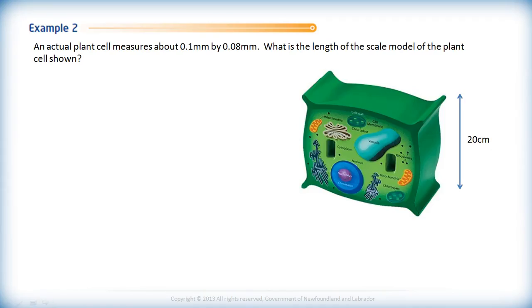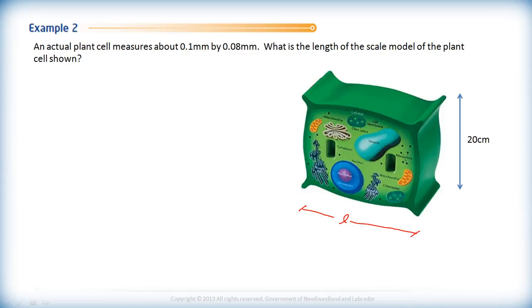Okay. An actual plant cell measures about 0.1 millimeters by 0.08 millimeters. What is the length of the scale model of the plant cell shown? Okay. So what is the length? So I guess we have the width of it, and we want to know what its length is. So basically, we want to figure out this, its length along here.